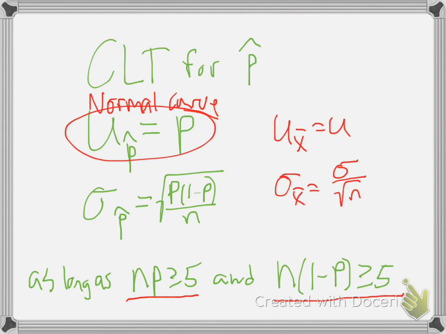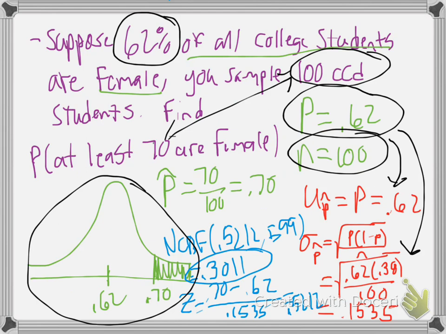So the mean, the center, the expected value of the p-hats is the population proportion. That's very similar to saying the expected value of the sample means is equal to the population mean. Then we also have the formula for the standard deviation, which we use in our z-score. From there, it's just a couple extra calculations of doing the standard deviation and the p-hat before you do your z-score.